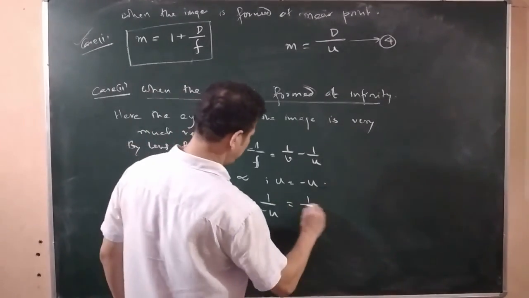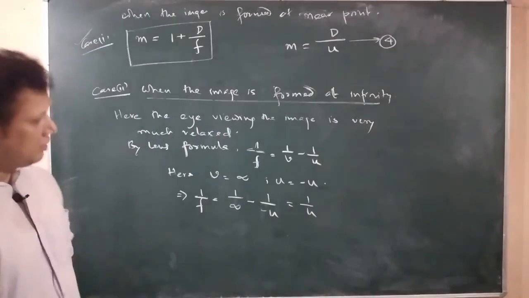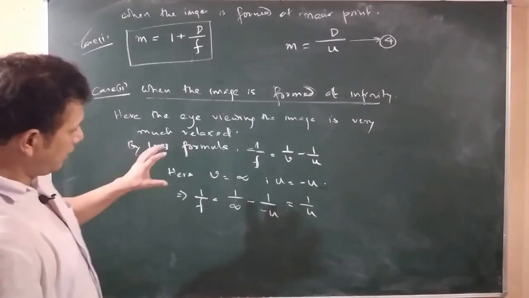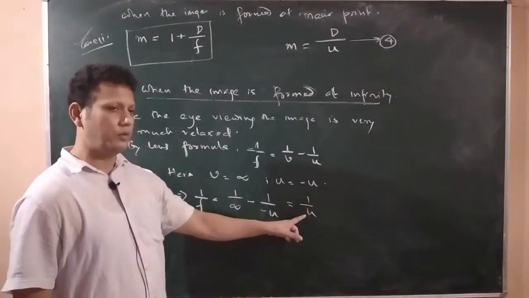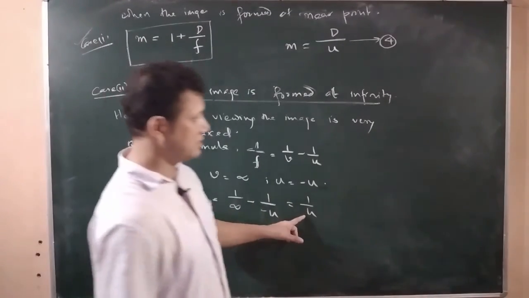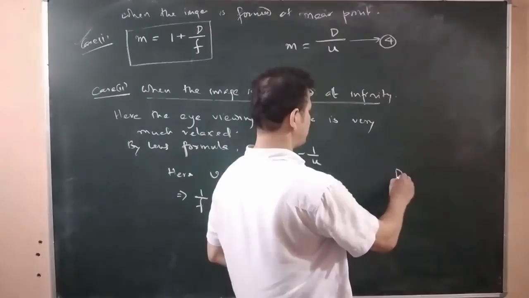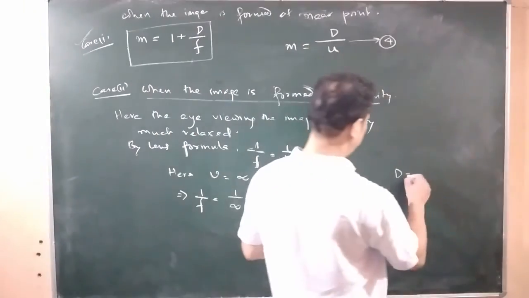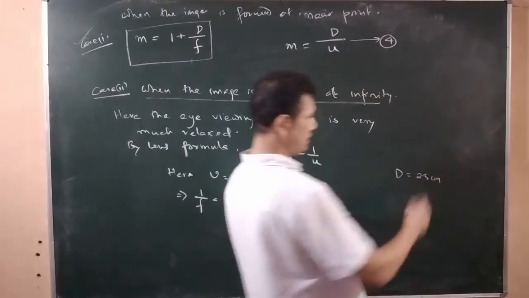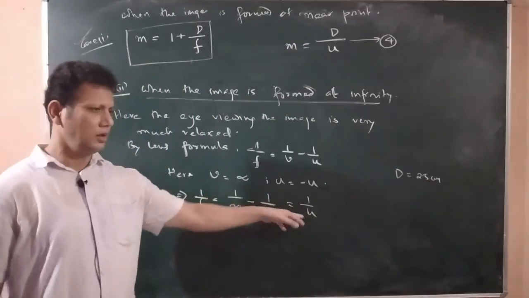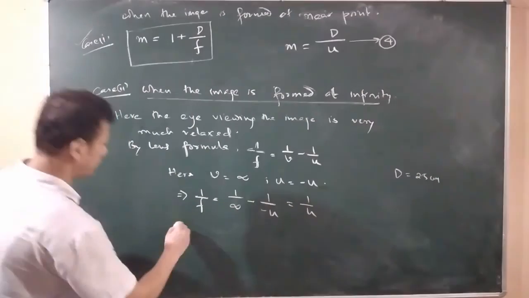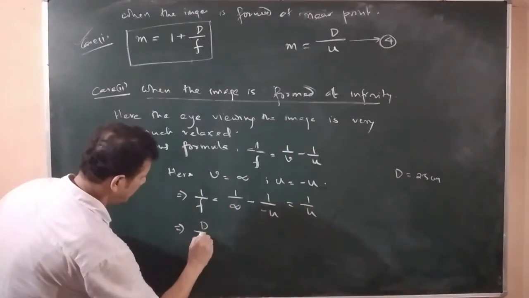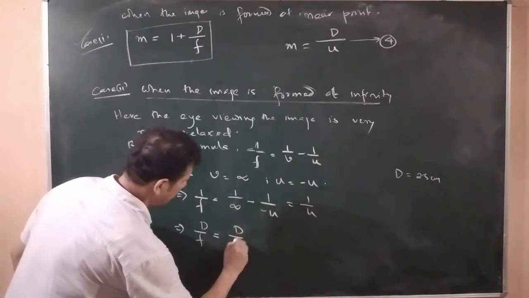1 by infinity is always 0, so minus minus plus 1 by u. Again you multiply this equation both sides with capital D, the least distance of distinct vision, which for a normal eye is 25 centimeter. So d by f is equal to d by u.